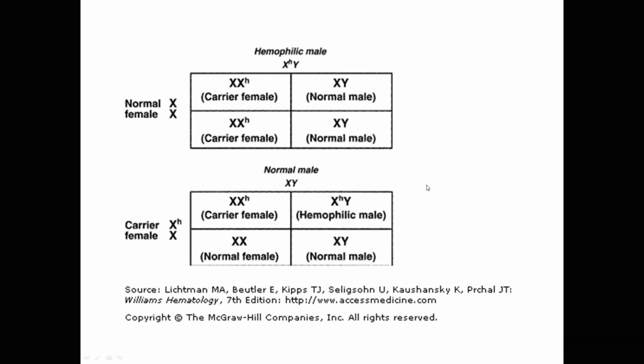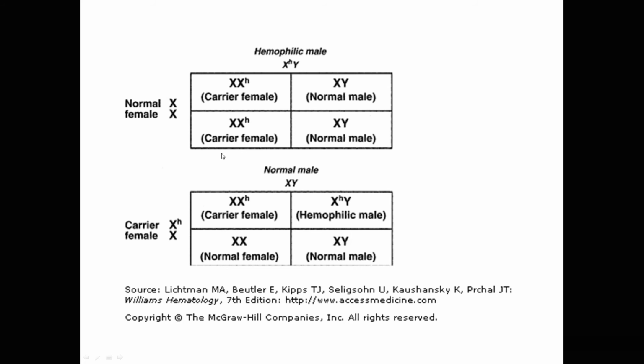This slide illustrates how the defective chromosome is transmitted. Here, a couple with the hemophilic male and a normal female may produce all these variations of children: normal male children and carrier female children.